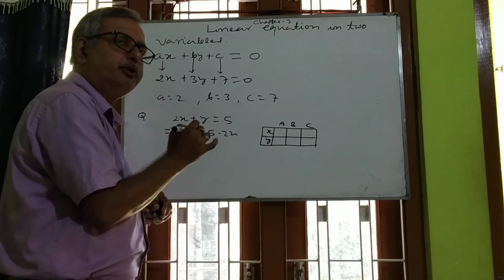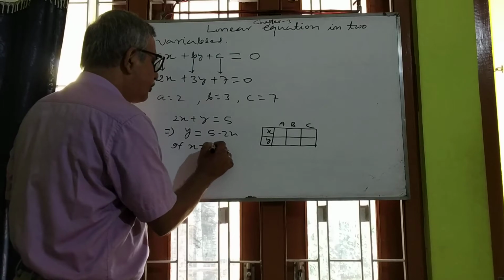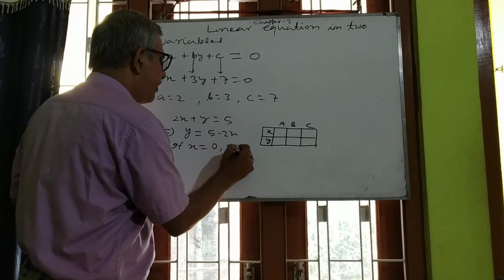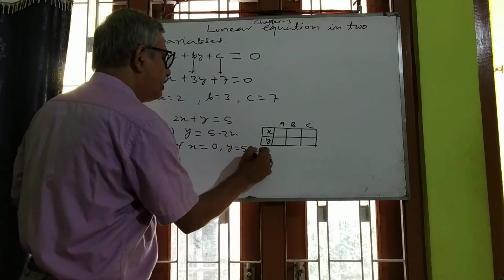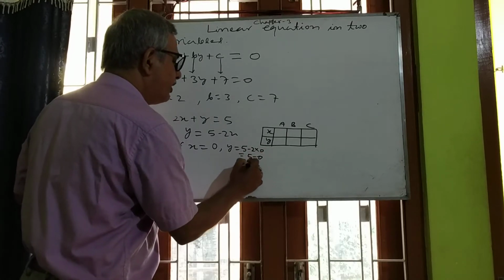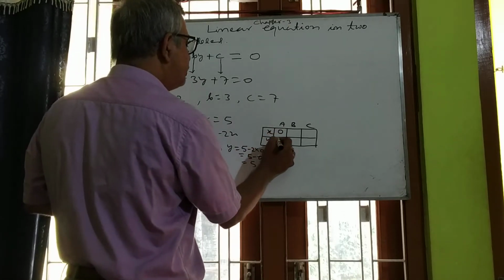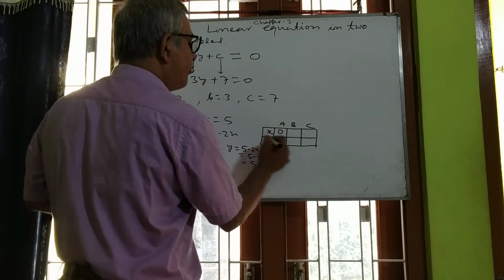You tell what should you take for x? Suppose if x is equal to 0 you are taking, then y is equal to what? 5 minus 2 into 0. That means 5 minus 0. That means 5. So we have taken x is equal to 0, y is equal to 5.